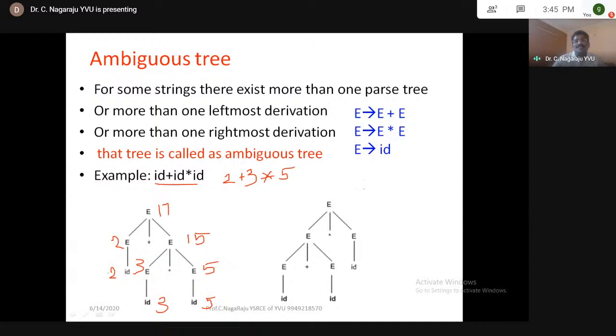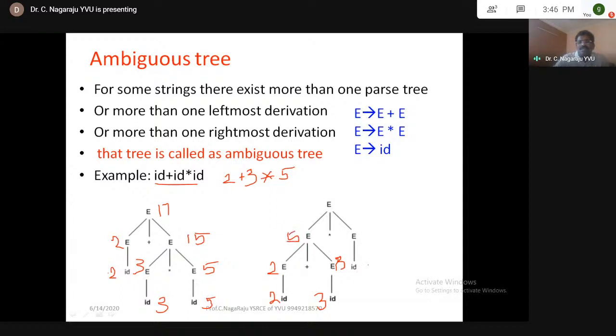In the other tree, the deepest subtree executes first. So first id plus id: suppose we take 2 and next 3. Then 2 replaces that E and 3 replaces this E. So 2 plus 3 is 5.